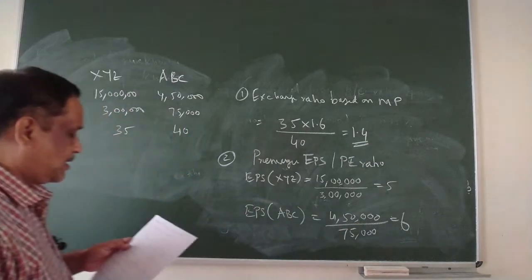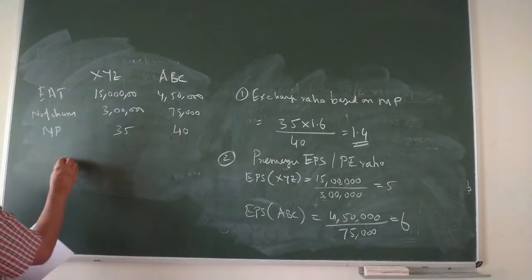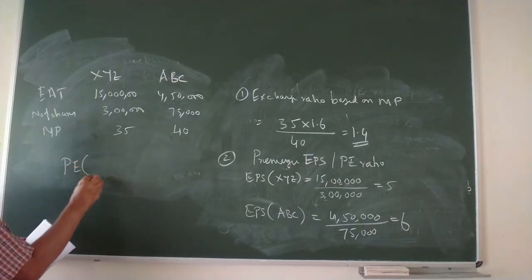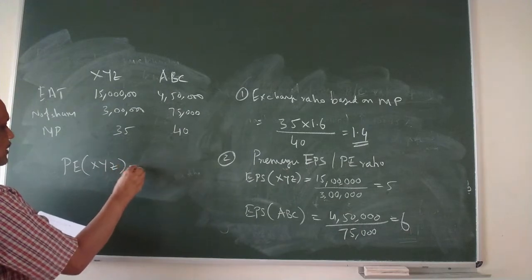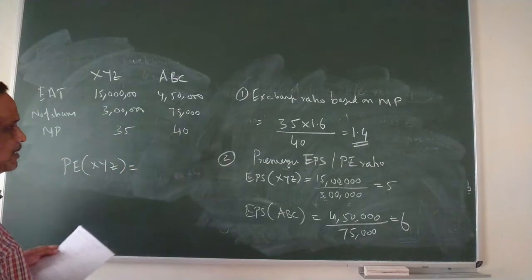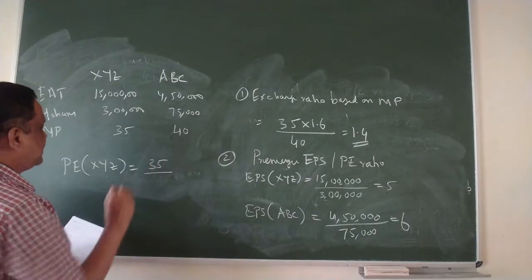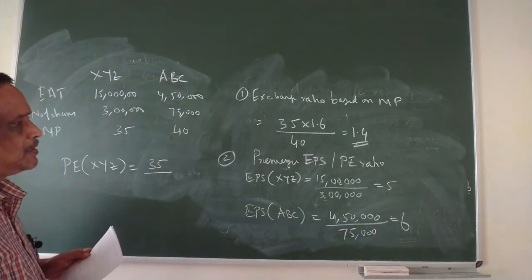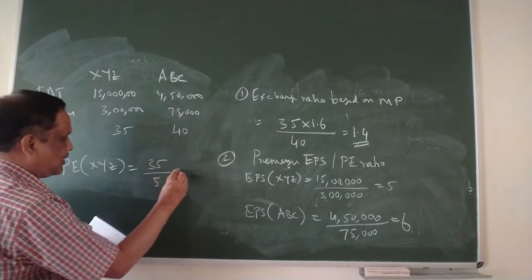And next, PE ratio. PE of XYZ will be market price divided by earnings per share. We know market price of this one is 35 divided by earnings per share, calculated as 5, that will be 7.